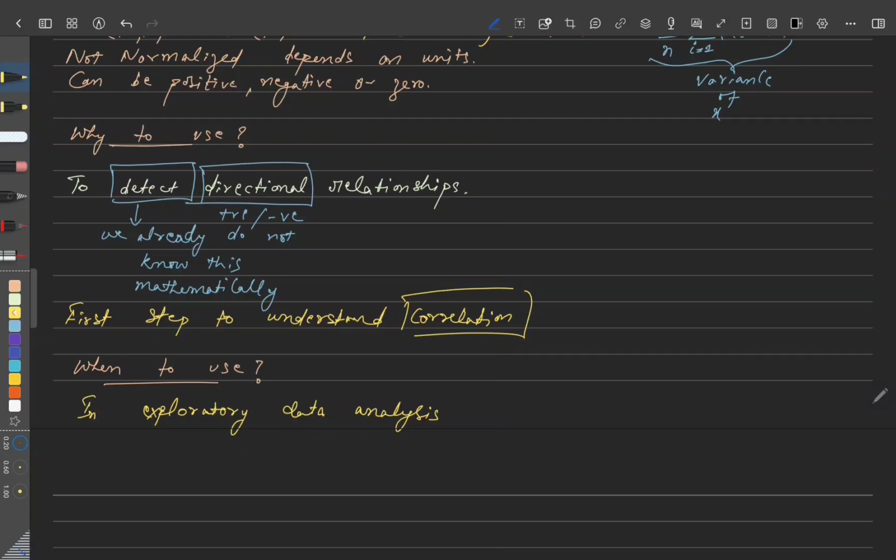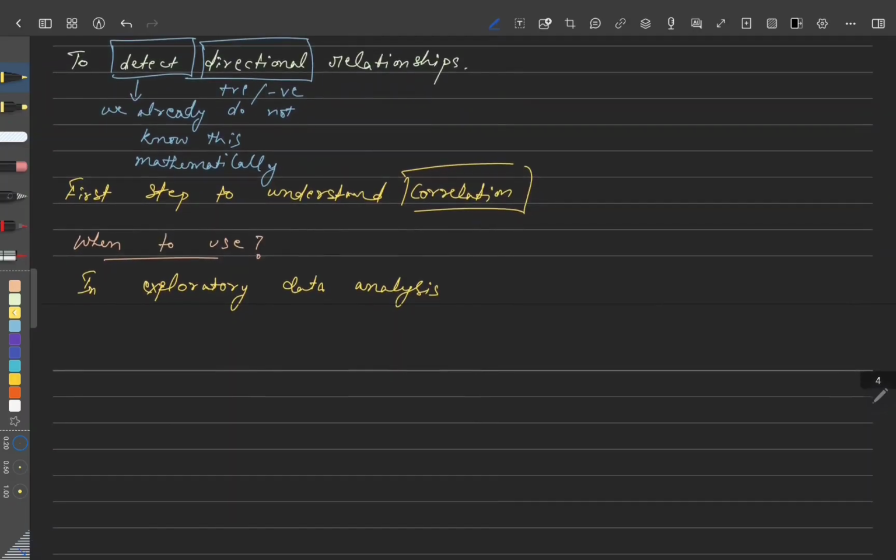So you would understand whether these two variables are related to each other in any way. You would use covariance on those two variables and understand whether the variables are moving in a positive direction or not. If they are moving in a positive or negative direction together, which means there is a covariance, then you would go on to find out the correlation between those two variables, which we will cover in the next video. But yes, you can simply use covariance in exploratory data analysis.